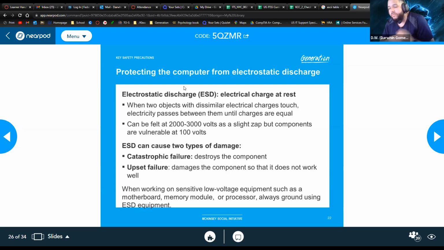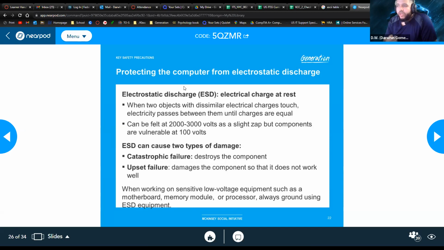Us as humans, we can physically feel it at around 2,000 to 3,000 volts, but a chip or a component only needs 100 volts to get damaged. So what we're trying to say is you have to be very careful when you're working with these sensitive components, right? So we talked about the ESD bracelets and stuff yesterday, Kelly, or is this the first time it's popping up?